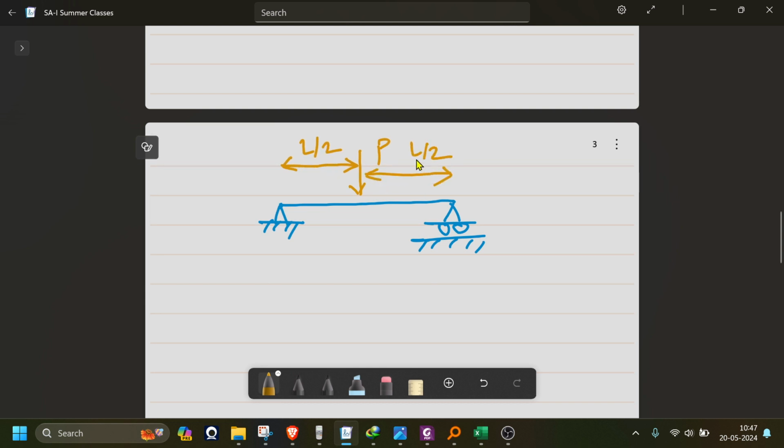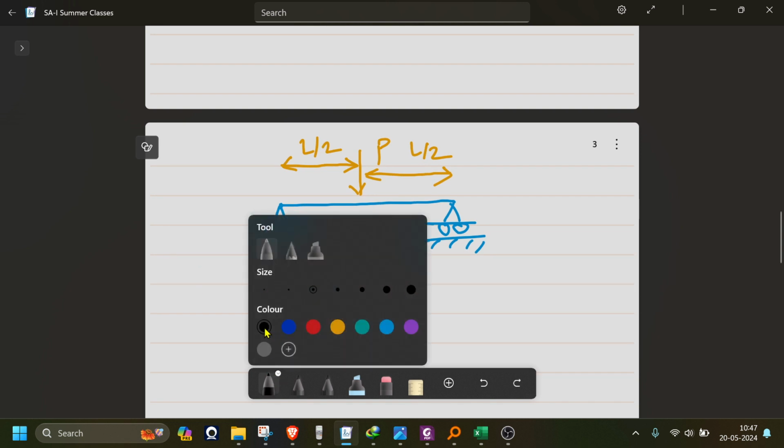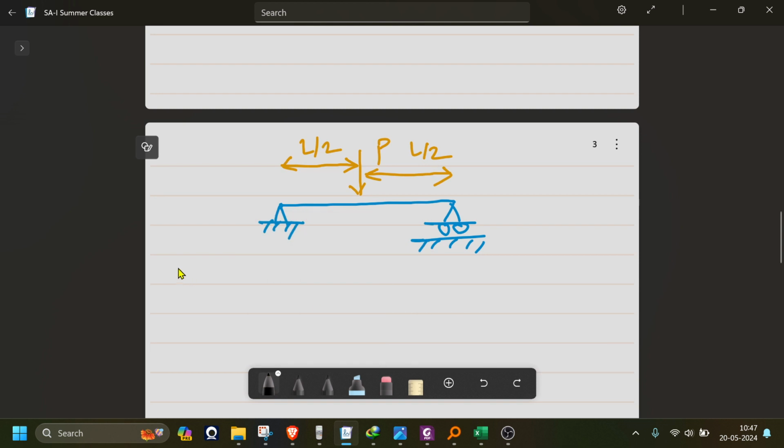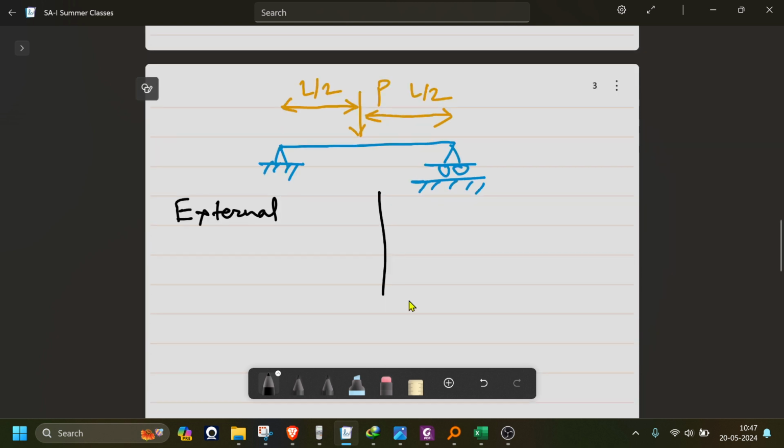Now, when we call this structure a determinate structure, in order to determine the determinacy, we do have formulas, right? So first one is external indeterminacy, and internal.